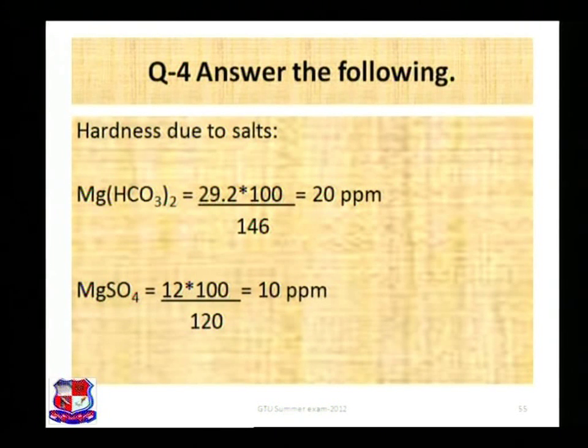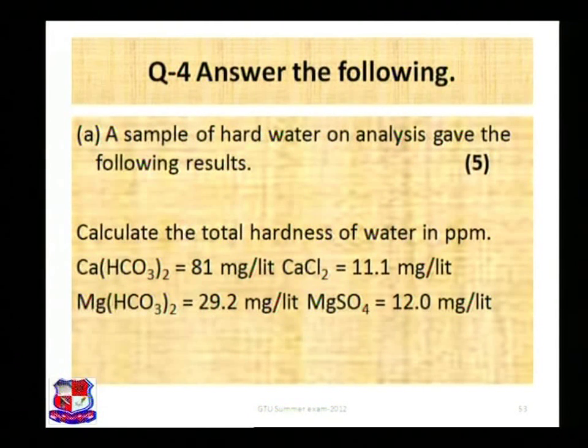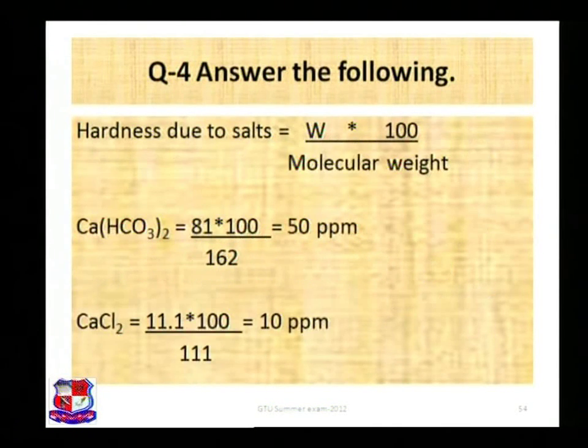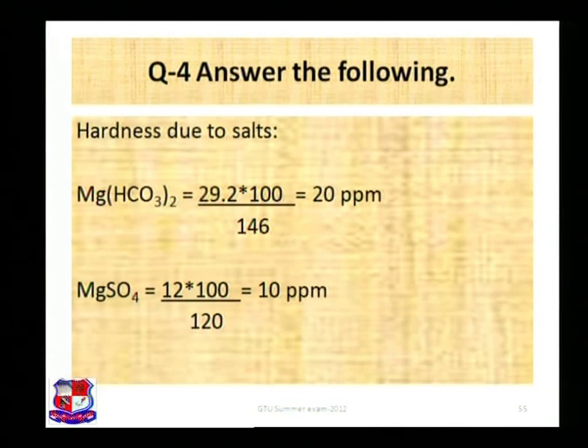Hardness due to salts: magnesium bicarbonate. What is the W value in the sum? Magnesium bicarbonate is 29.2. So 29.2 into 100 divided by 146, the molecular weight of magnesium bicarbonate, is equal to 20 ppm.